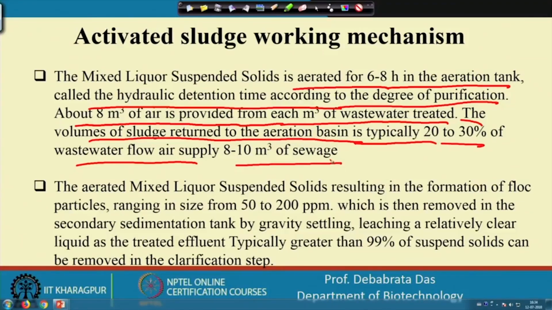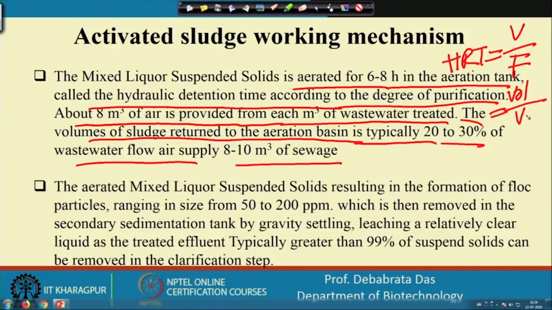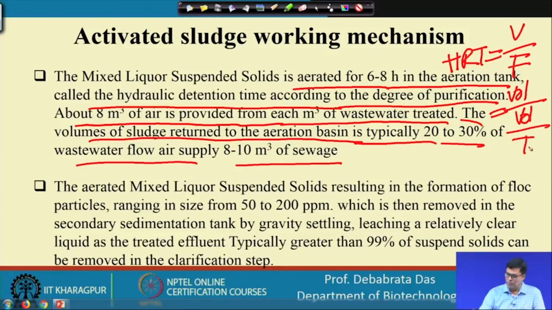Now, what I wanted to stress here is retention time. How can you calculate the retention time? Hydraulic retention time is equal to V by F. What is F? It is the volumetric flow rate. I told you V is the volume, am I right? And volumetric flow rate means volume per unit time.